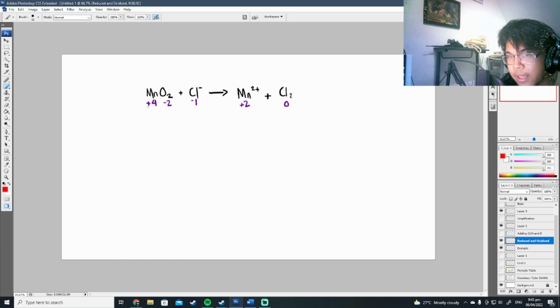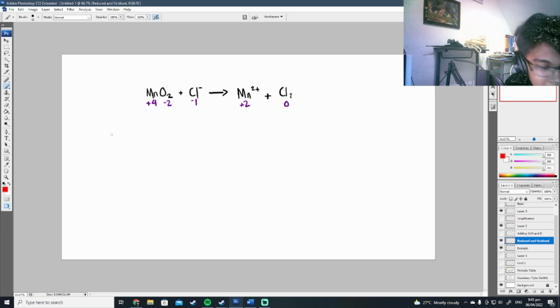So reduced, electrons are being added. Oxidized, electrons are being lost. I think it's easier to show it with an example here.